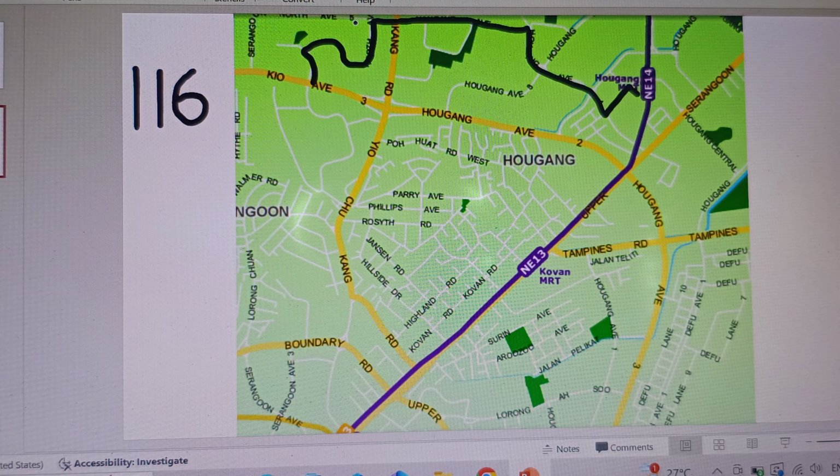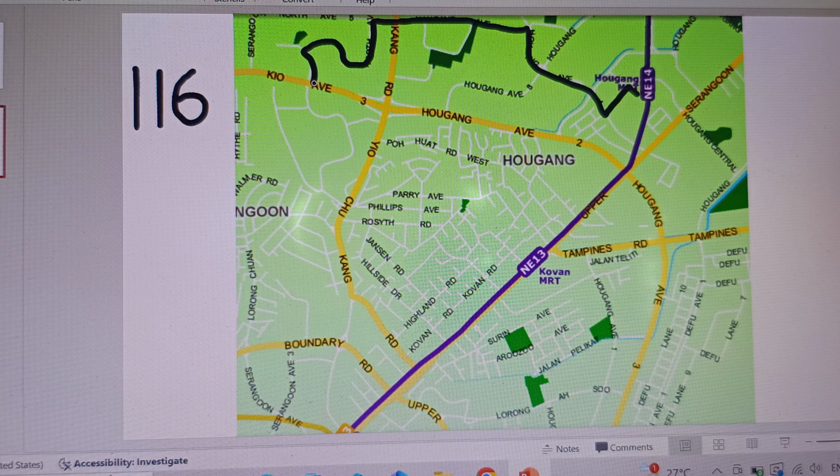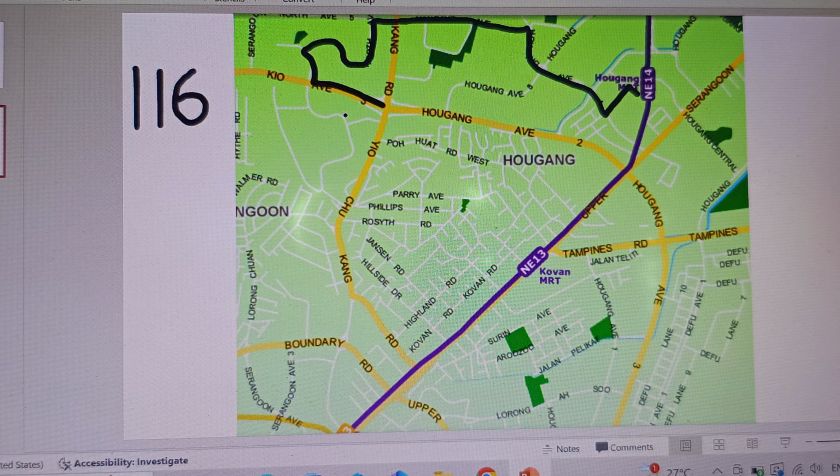Another good thing about 116 is that it funnels you to Ang Mo Kio Avenue 3. So from inside, you can access bus services like 25 and 55 if you're going down Hougang Avenue 3. It's the same bus stop transfer. That is the useful part of it.